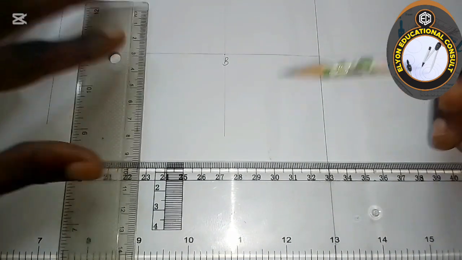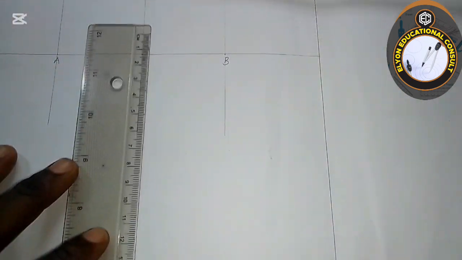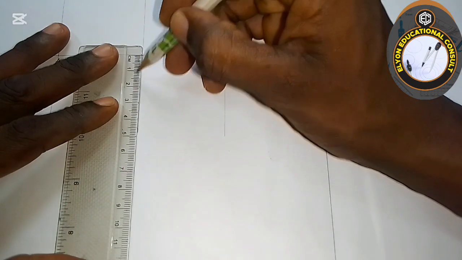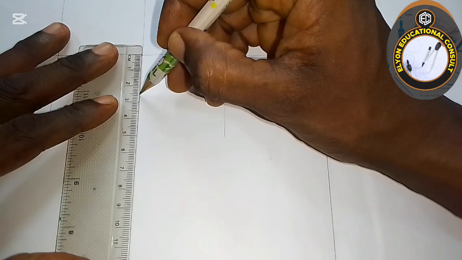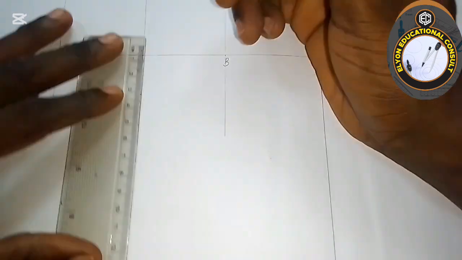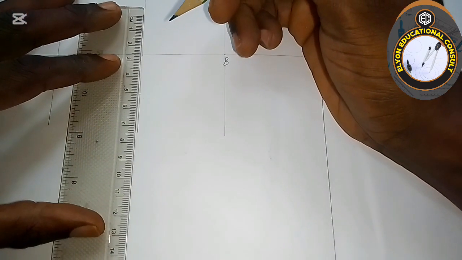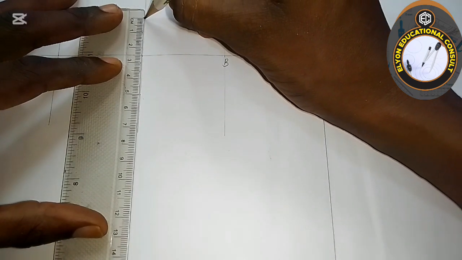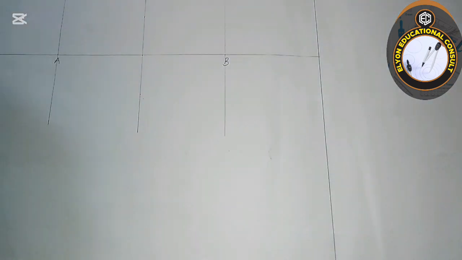So I'm going to take 25 down this way from here, then 25 to the top like that.